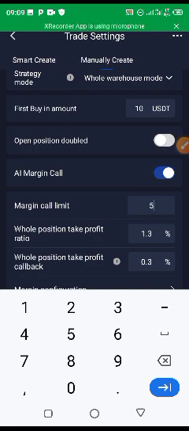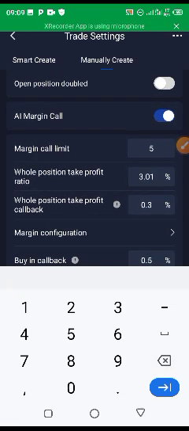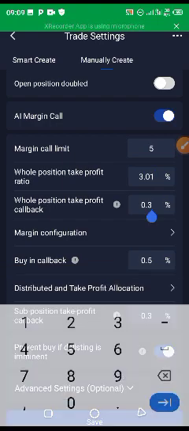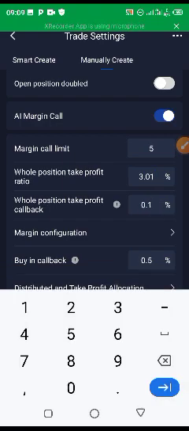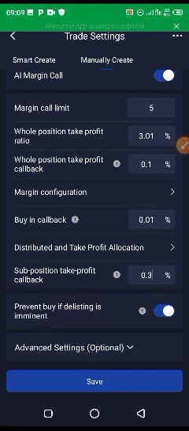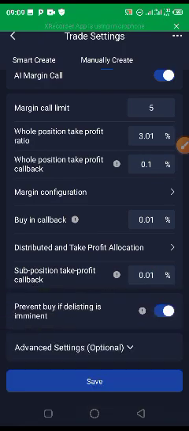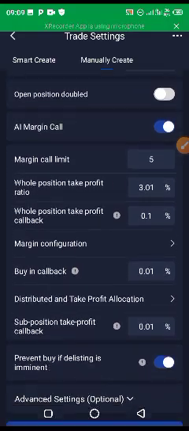Even if you leave it, yes, call it 5. Okay. The take profit we want 3%. The whole position take profit callback we want 0.1. Buying callback 0.01 because we want to buy as fast as possible. Sub-position callback 0.01 or 0.1, whatever the case may be.